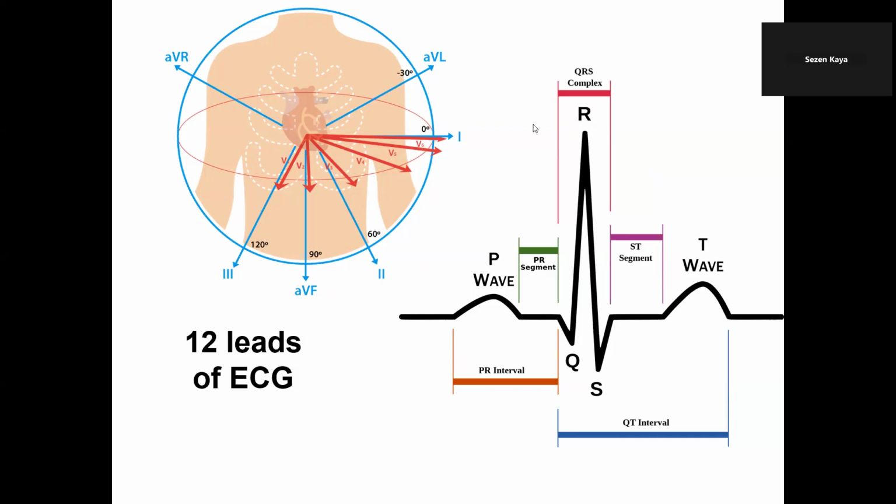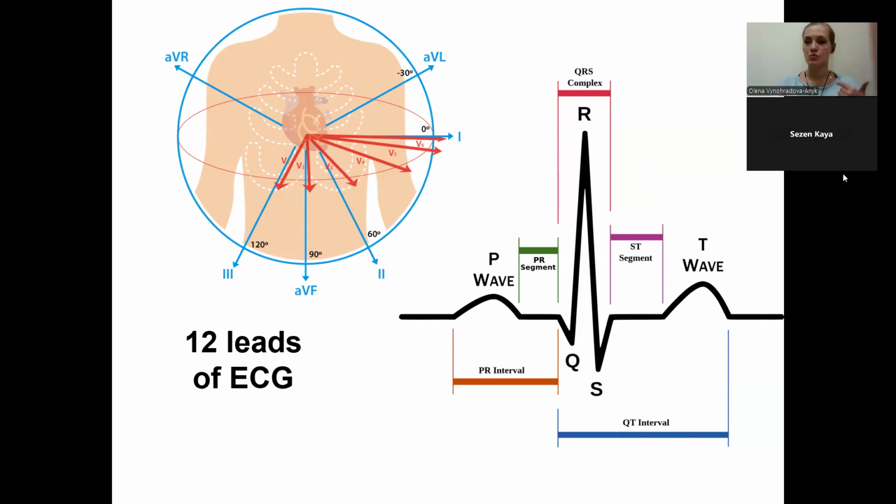On the electrocardiogram, we are able to see, first of all, the electrical processes going on inside our heart, and in this case the registration of the working of the conductive system of the heart.